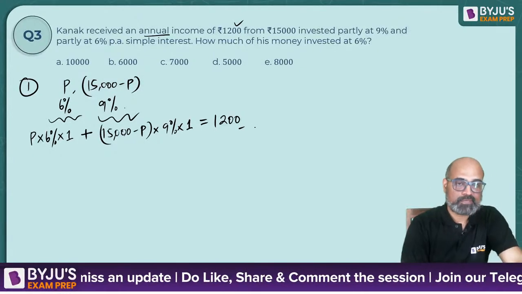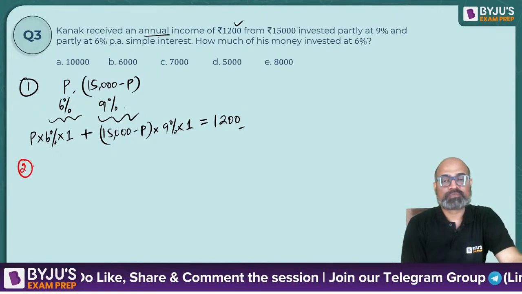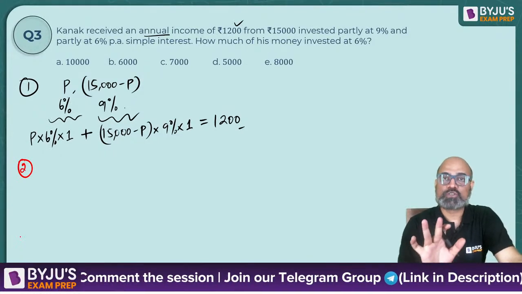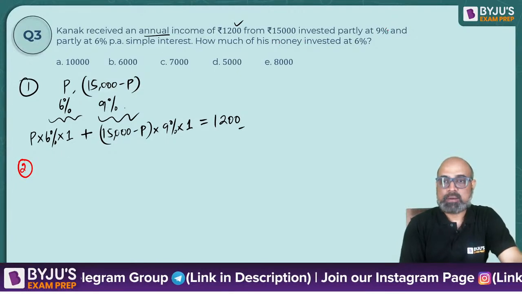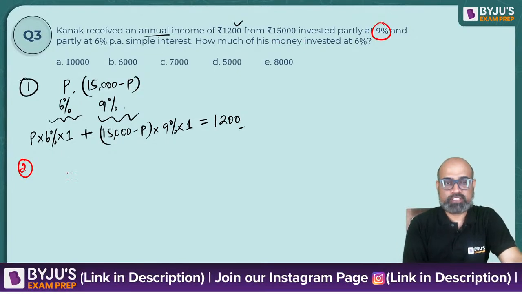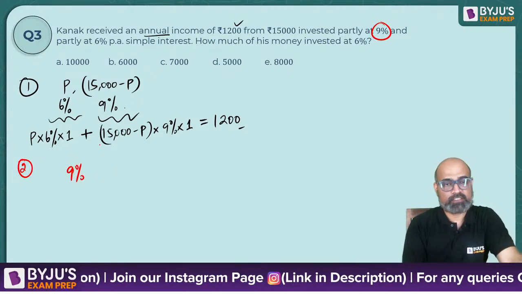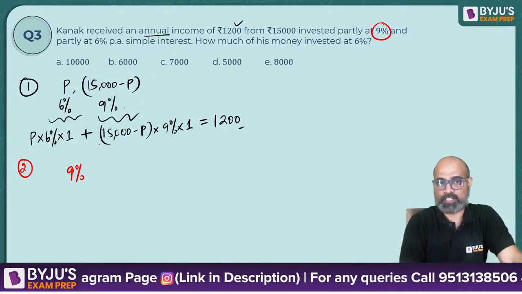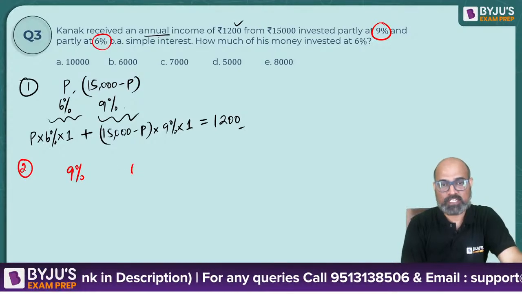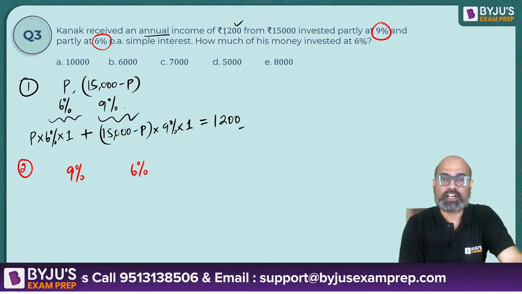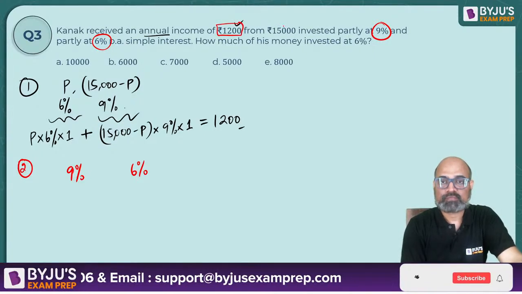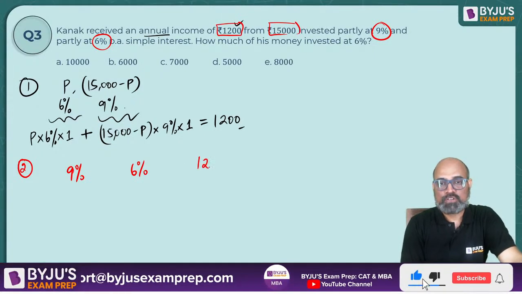Okay. The second approach is using allegation. So you have partly invested in 9%. So you have a 9% ka interest. This is the 9% ka rate of interest. The second one is 6% ka interest. And what is the overall rate of interest? 1,200 divided by 15,000.